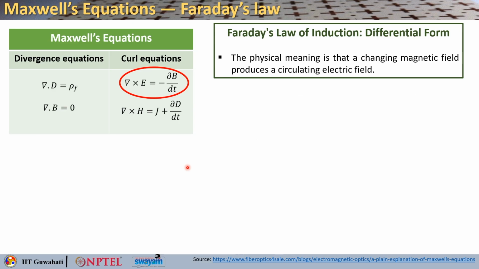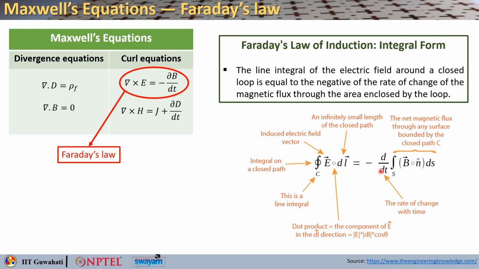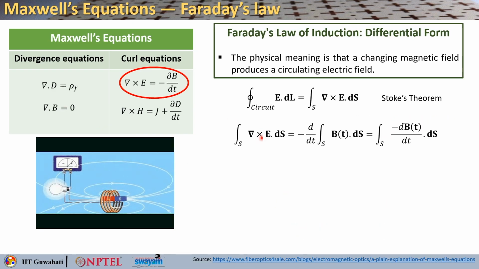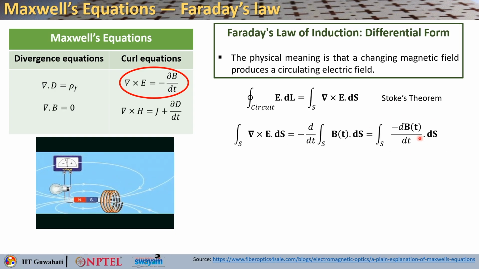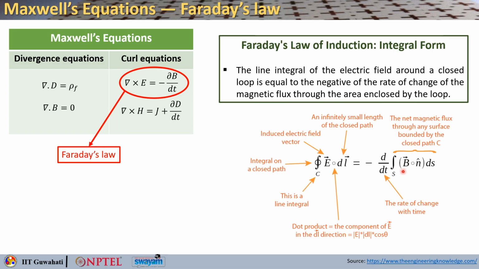Now, if we go back to this particular form and try to use Stokes theorem. On the left hand side we have a closed loop line integral, E dot dl over a closed loop, and you can use Stokes theorem to convert this line integral into a surface integral of the curl of that vector. On the right side you already have a surface integral.